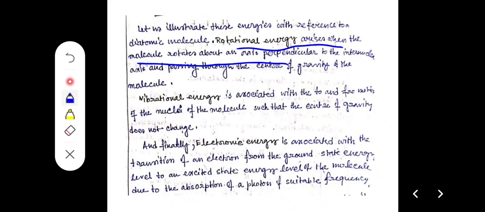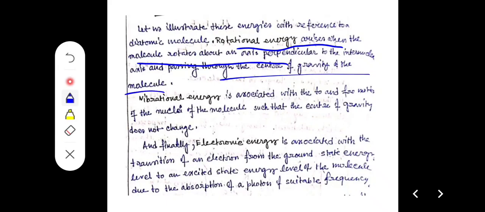So rotational energy arises when the molecule rotates about an axis perpendicular to the internuclear axis, producing 90 degrees, and obviously passing through the center of gravity of the molecule.